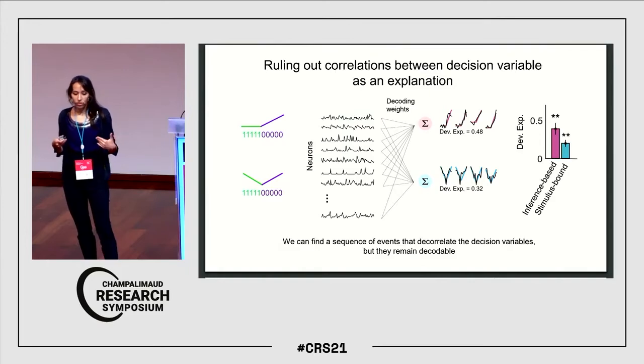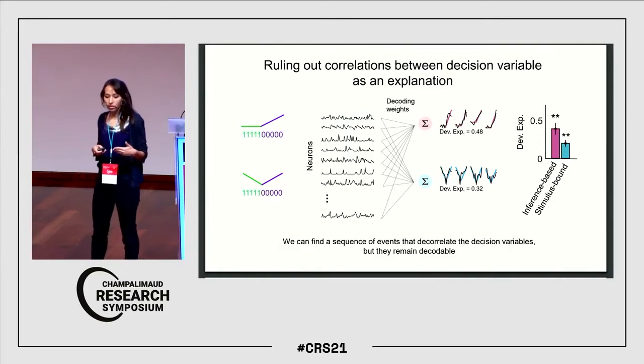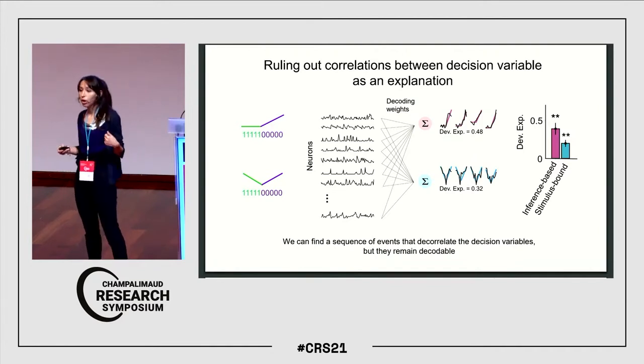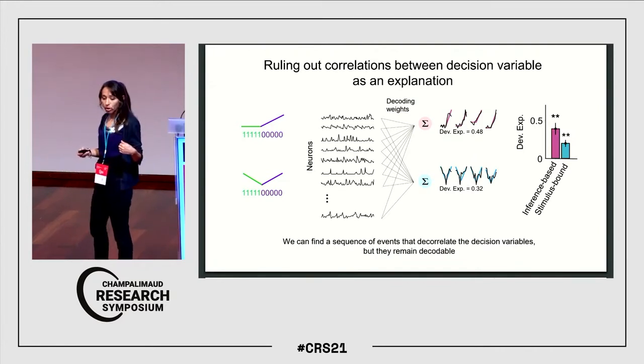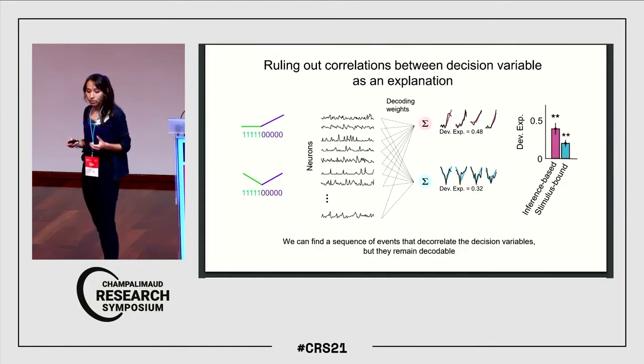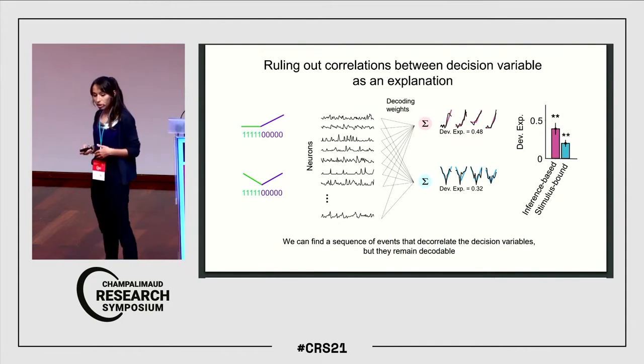Because, just as a reminder, these different decision variables rely on different computation. One requires reset with reward, the other one requires to integrate reward downward. So when we selected these particular sequences and ran the decoder all over again, we could still recover these two different decision variables.